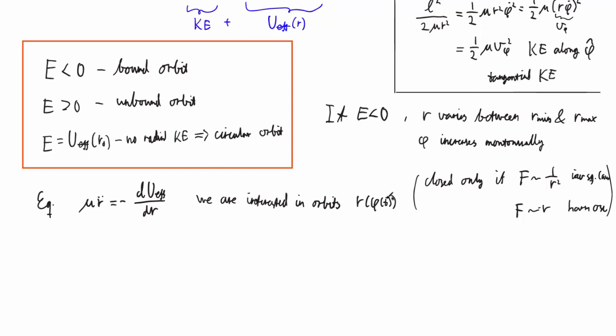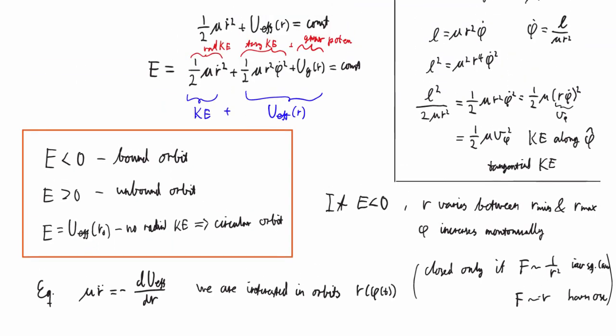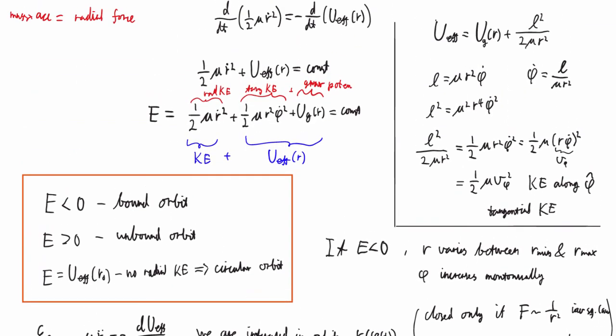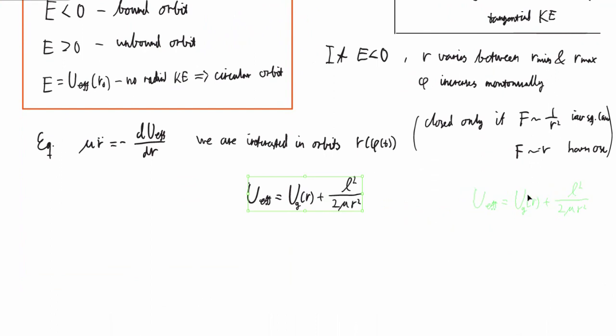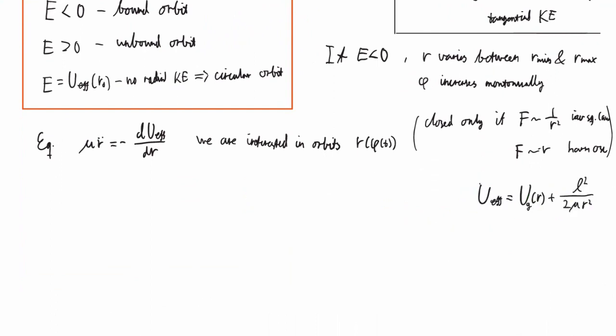So to do that, we'll do a few mathematical manipulations here. This is U effective. I'm going to bring this down here just to keep it on hand. So I'm going to write this in force form.